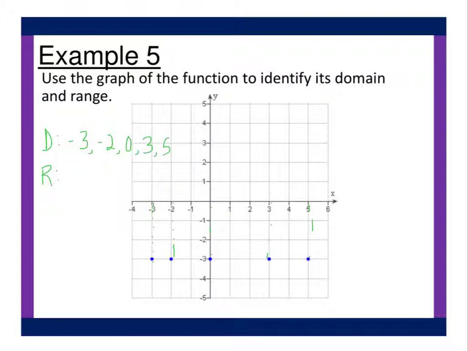So all 5 of those numbers are part of my domain. No other numbers would work. My range actually is even smaller because all of these have a y value of -3. So my range is simply -3. Technically, we should probably put squiggly brackets around this because it's a set of numbers. So there you go.